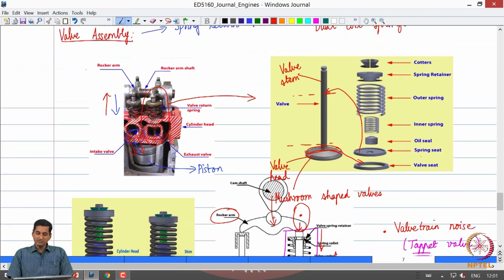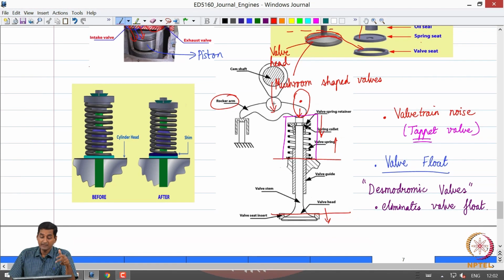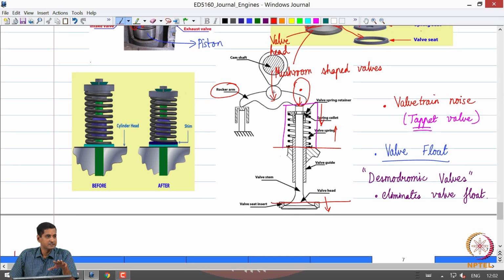Okay. So we looked at what was called valve float, which happens in typical spring return valves at high speeds, and how it can be minimized, and how one could eliminate it by using a Desmodromic valve. So that's where we stopped yesterday.